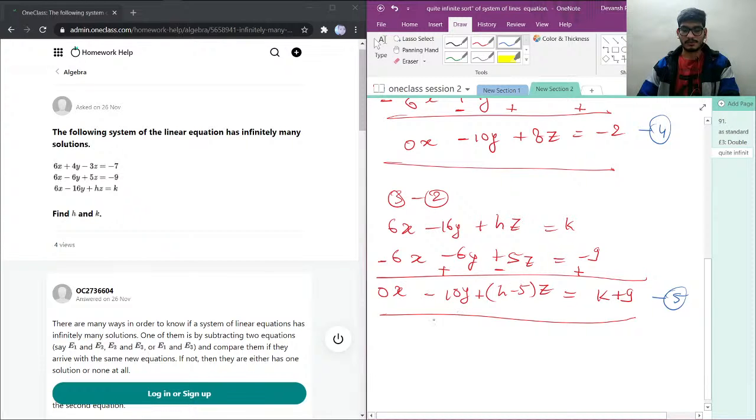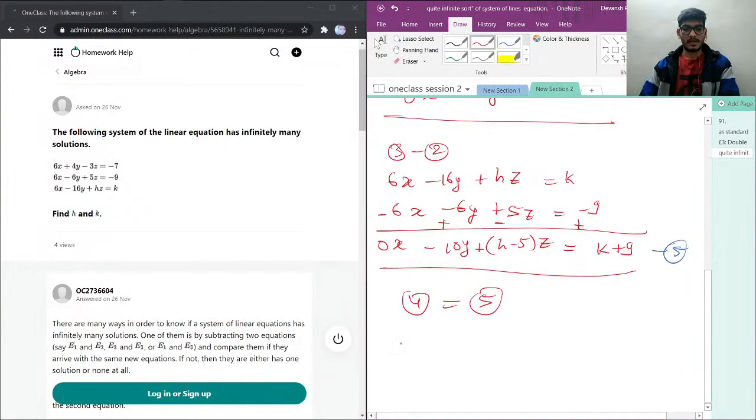So basically the condition for infinite solutions is that the fourth equation should be equal to the fifth equation, which means the coefficient of x for the fourth equation will be equal to the coefficient of x for the fifth equation, then the coefficient of y for the fourth will be equal to that for the fifth, and in a similar manner for z and for the constant.